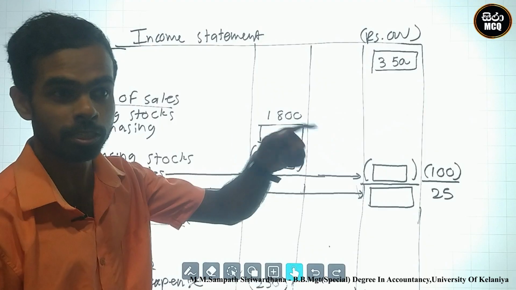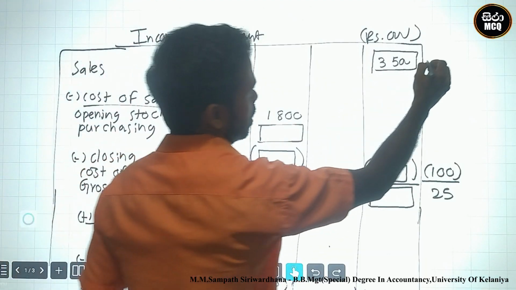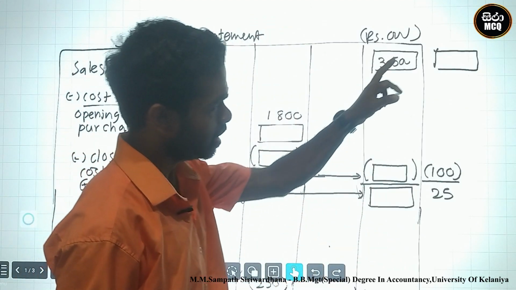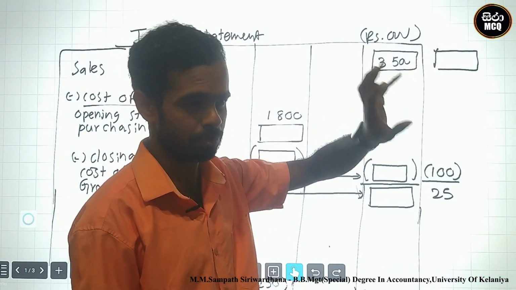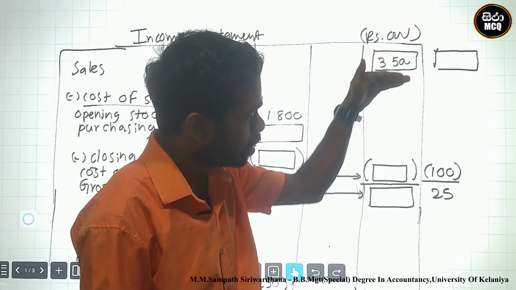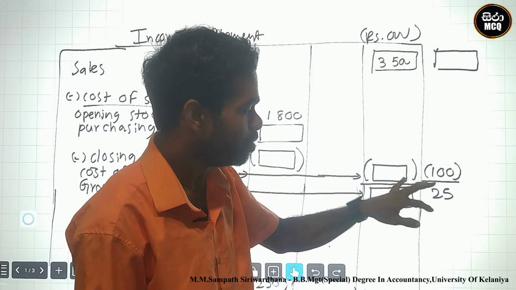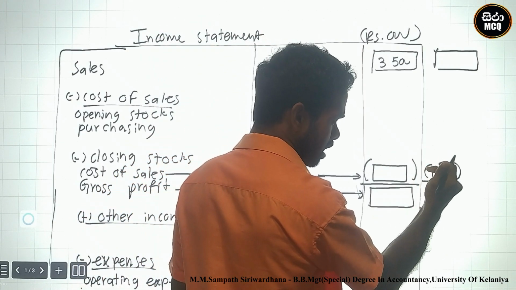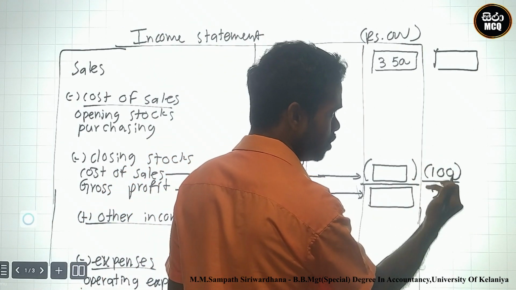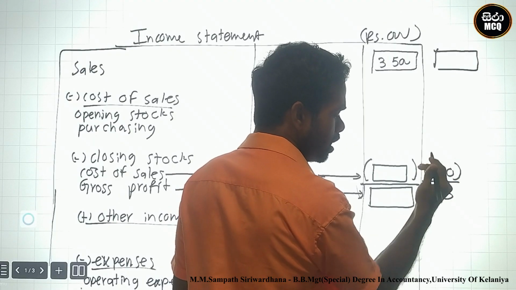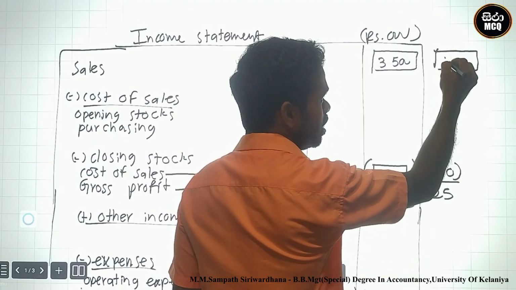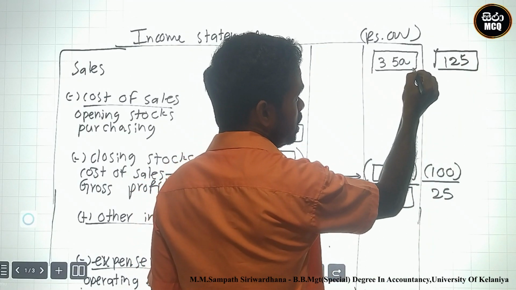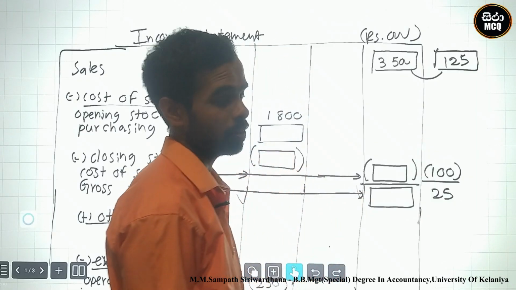What is the selling price related to the percentage? Sales is cost plus 25, so 100 plus 25 gives 125. Before deducting 100, the answer is 125, and that is 3500.